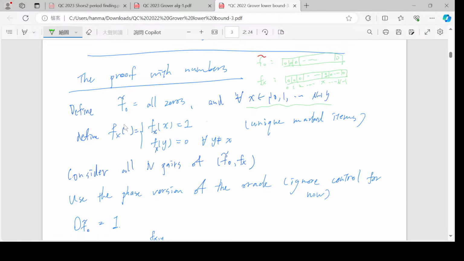This f sub x is associated with a truth table where you only have one marked item at the x location, and everything else is 0. So you have a unique marked item. As we said, we want to compare all n pairs between f tilde 0 and f sub x.